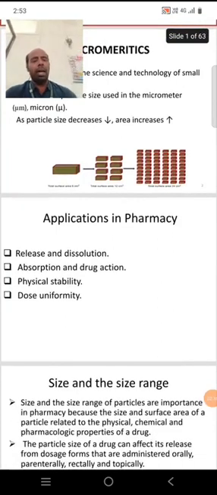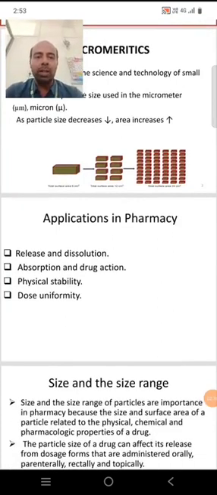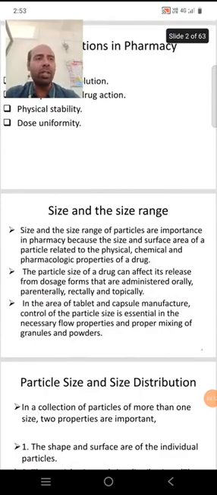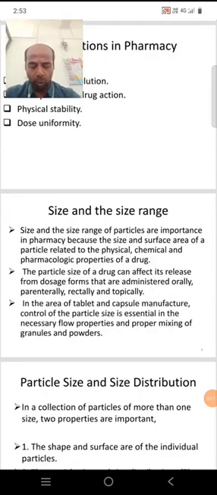The applications of Micromeritics in pharmacy are release and dissolution, which are very important factors related to the powder form, absorption and drug action, physical stability, and dose uniformity, along with a number of applications in any preparation. The powder size and size range are necessary for the pre-formulation study of any fine amorphous or crystalline powder, and for micronization.